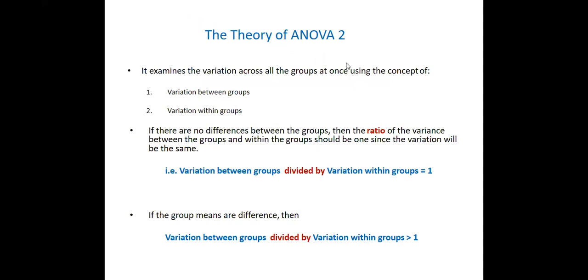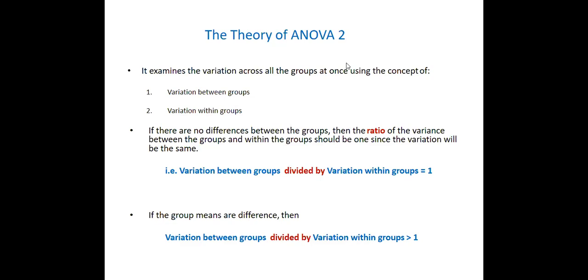The theory of ANOVA examines the variation across all the groups at once, using the concept of variation between groups and variation within groups. If there are no differences between the groups, then the ratio of the variance between the groups and within the groups should be 1, since the variation will be the same.